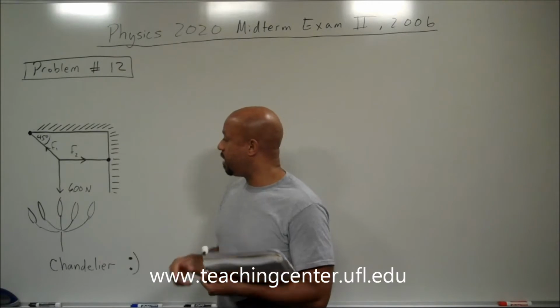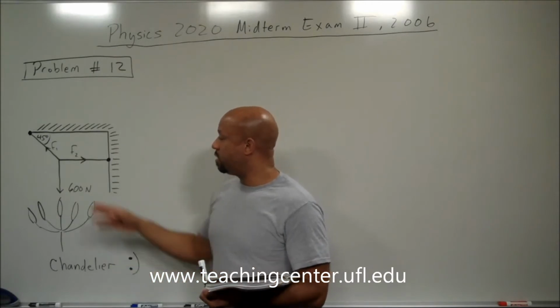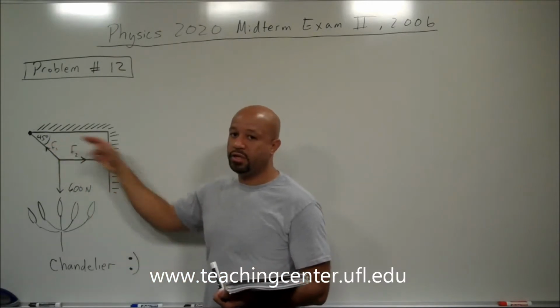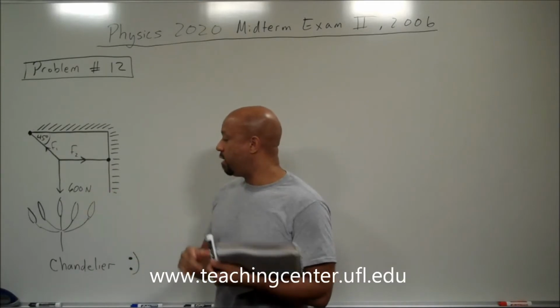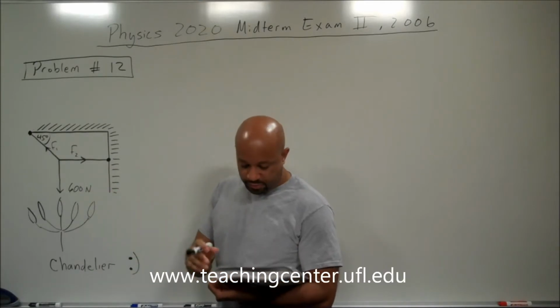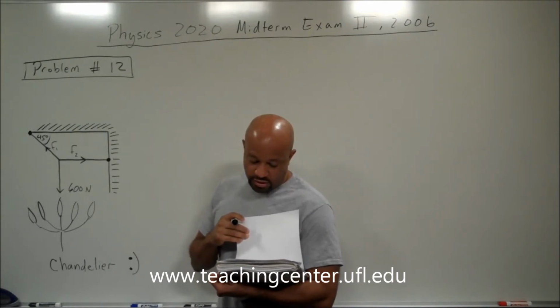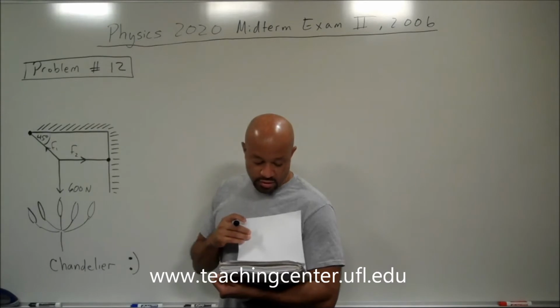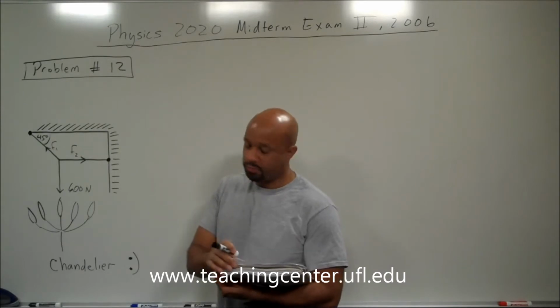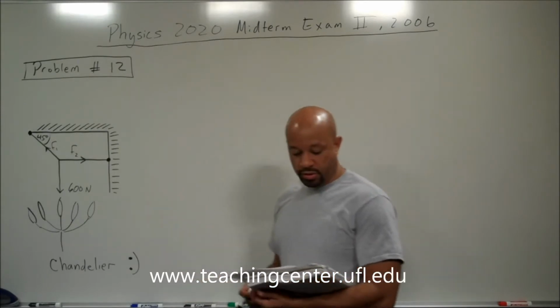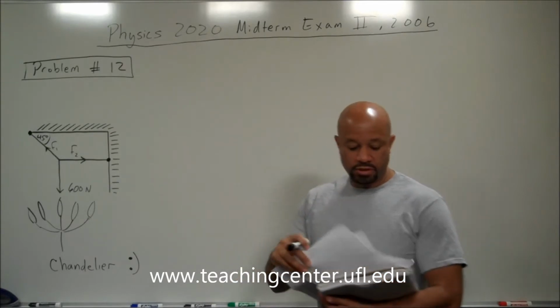We're asked to determine the tension in these two ropes caused by the weight force from the chandelier. For the response, F1 is listed first, and then we're going to list F2.